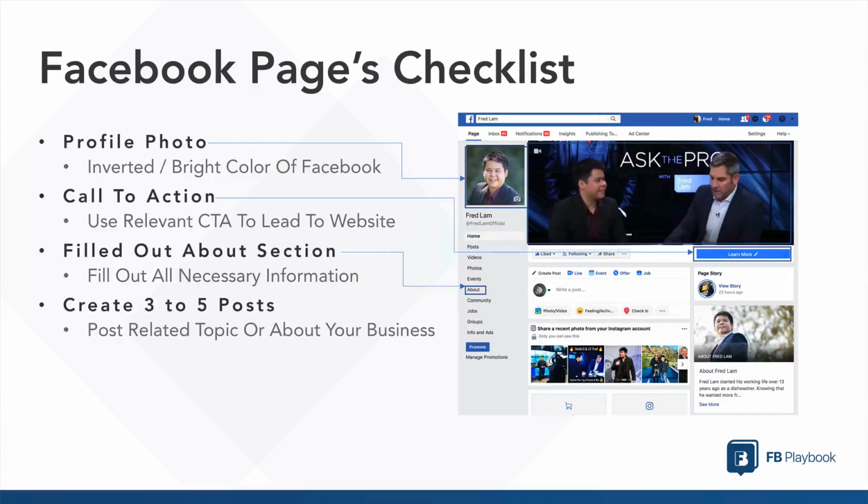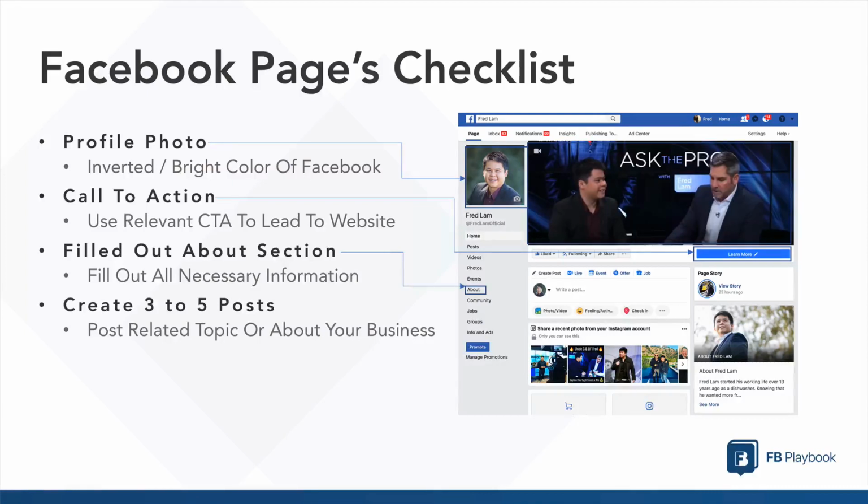Now, it is recommended for you to have 2 or 3 posts every single week, just to really feed and share information to your followers, and obviously showing Facebook that you are providing content within your Facebook page at the same time.